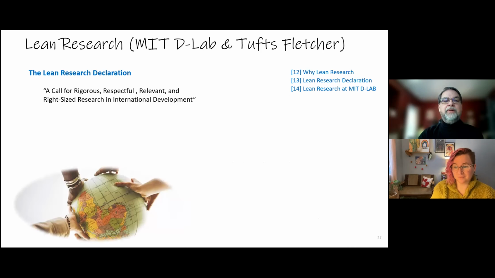There you go. Then there's Lean Research over at MIT D-Lab and Tufts Fletcher. We had the Agile Manifesto. Well, they came up with something similar. They have this declaration, you actually read it and sign it. It's a call for rigorous, respectful, relevant, and right-sized research.